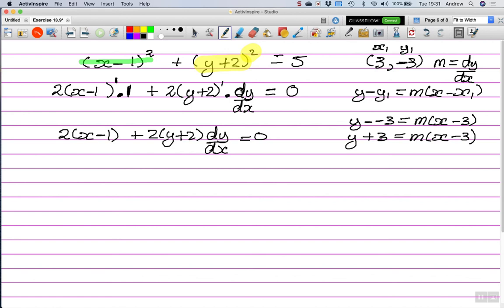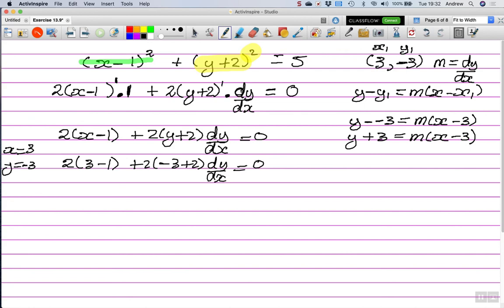Now we are looking for the value of dy/dx at the point where x equals 3 and y is equal to minus 3. So let's substitute it in: 2(3 minus 1) plus 2(minus 3 plus 2) dy/dx is equal to 0.